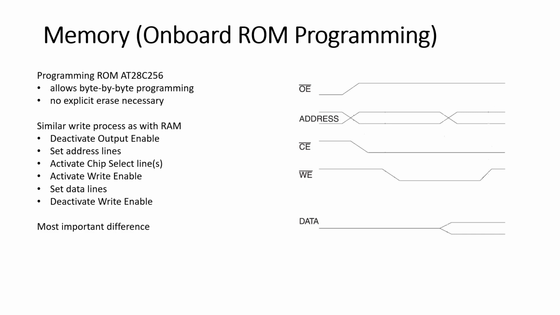In the end, the only and most important difference between writing to the EEPROM and writing to the RAM chip is the wait time after the deactivate of the write enable.